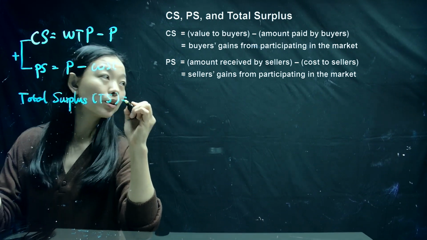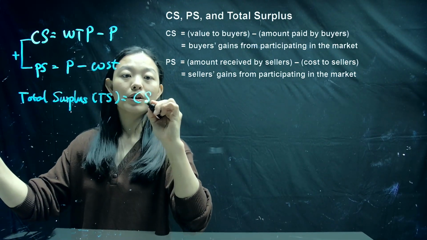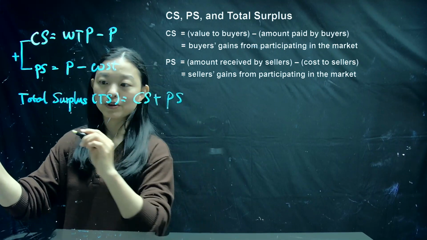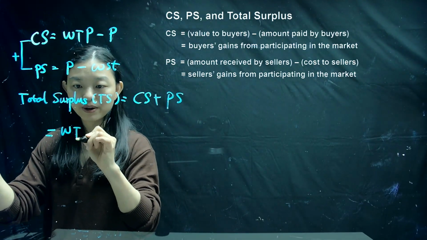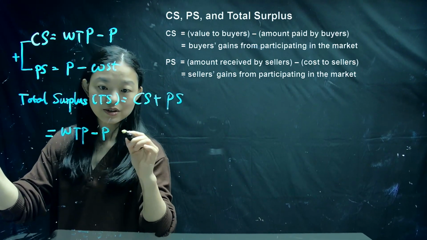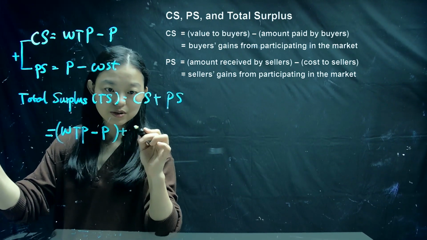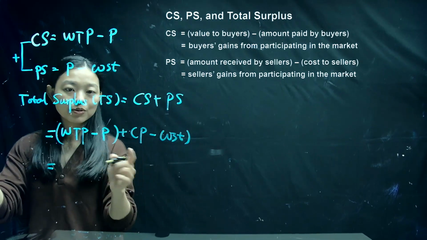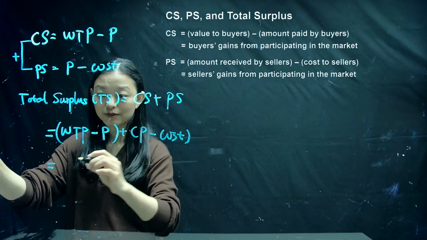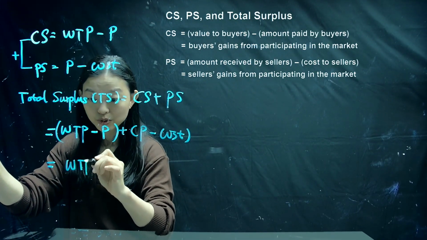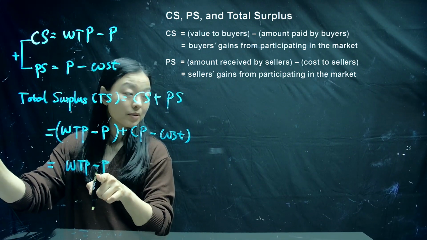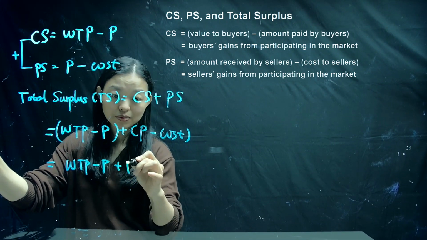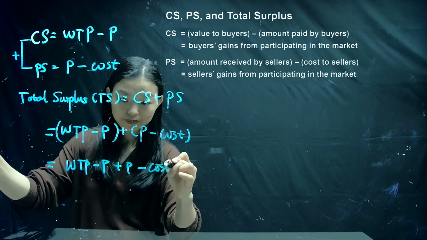TS, it will equal consumer surplus plus producer surplus, which equals willingness to pay subtract price plus price subtract cost. If you simplify this formula, you get willingness to pay minus price plus price minus cost.